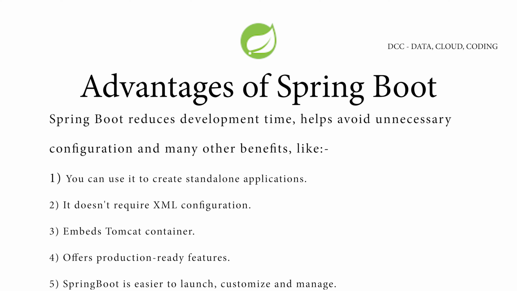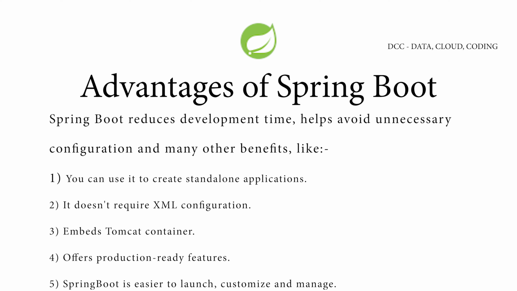For example, we can use Spring Boot to create standalone applications, which we have already discussed. We don't need any XML based configurations in Spring Boot. There is an option of an embedded Tomcat container, which is used to run and deploy our Java based applications.